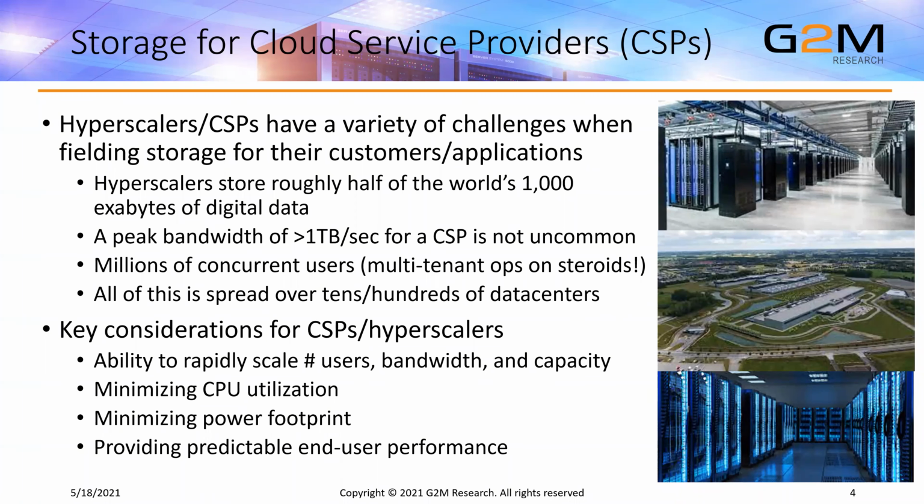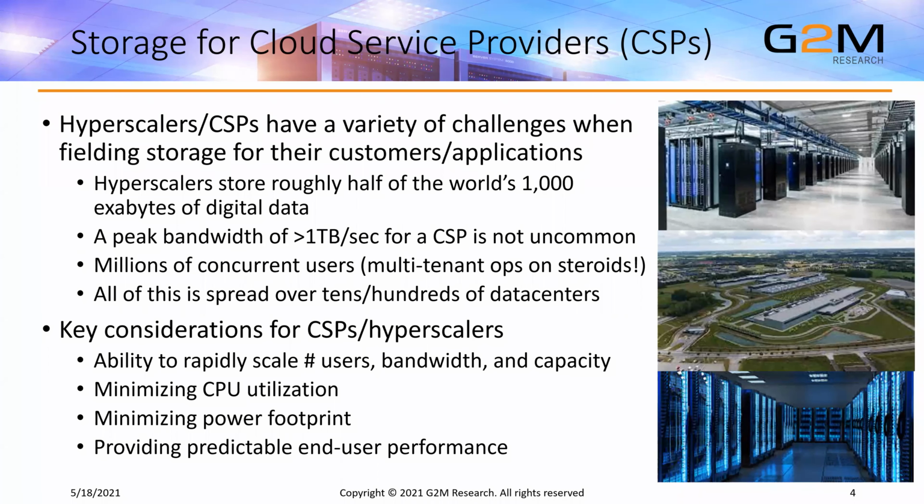One of the reasons people use the cloud is they can grow their operation and their footprint rapidly and shrink it down as necessary as well. So for a CSP or a hyperscaler, being able to rapidly and easily do that is critical. It's oftentimes the difference between winning a new customer or not.